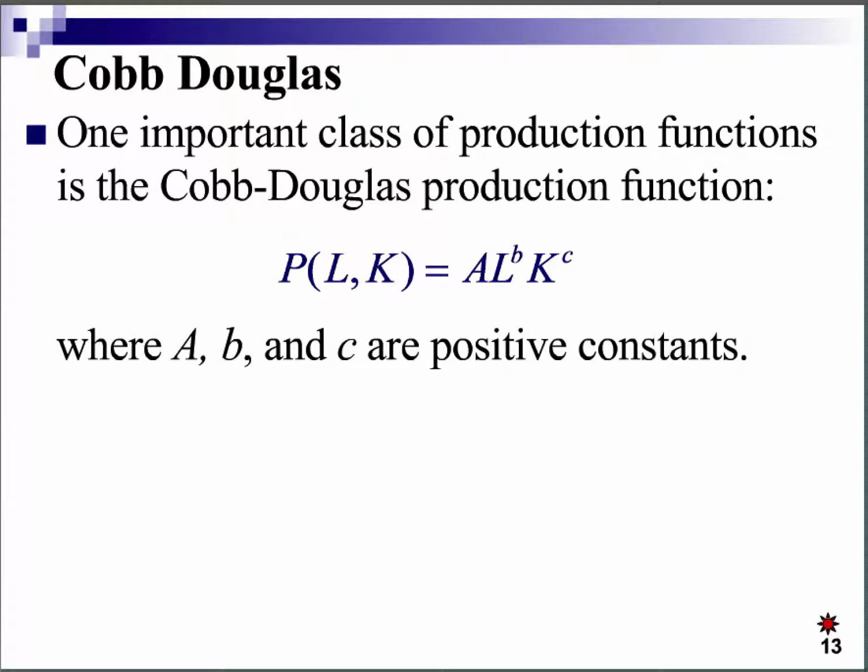So capital A, little b, and little c are all positive constants that sort of determine the behavior of this function, and L and K are the variables. So this is what we call a Cobb-Douglas production function, named after two economists, Cobb and Douglas, who introduced it to measure the U.S. manufacturing sector around the year 1900.